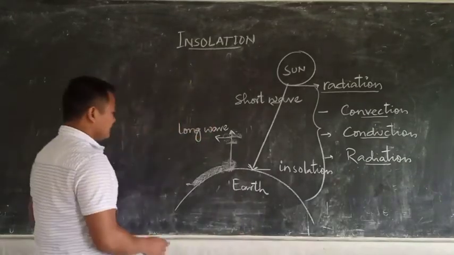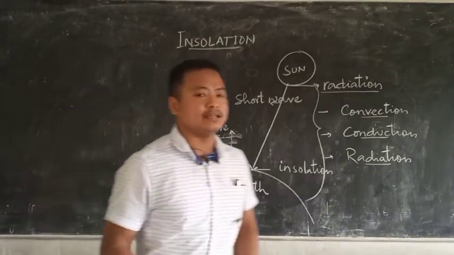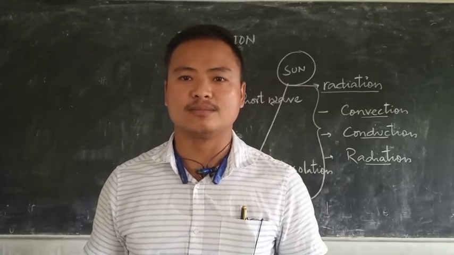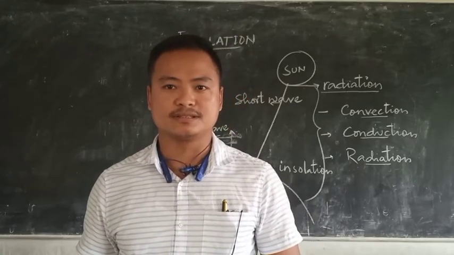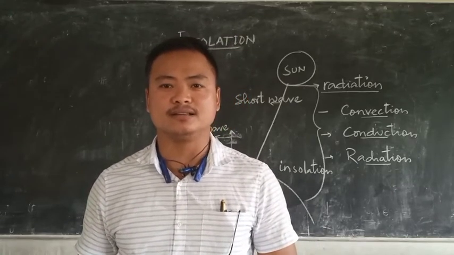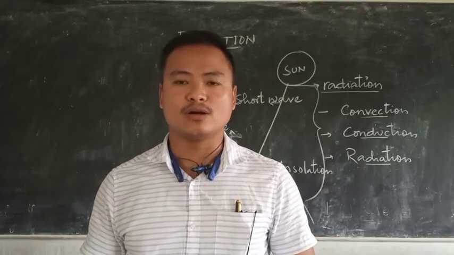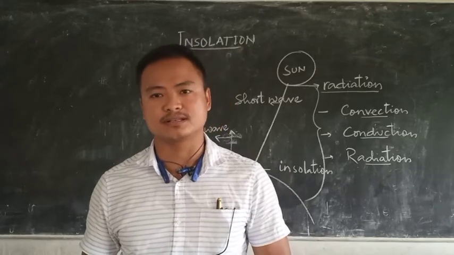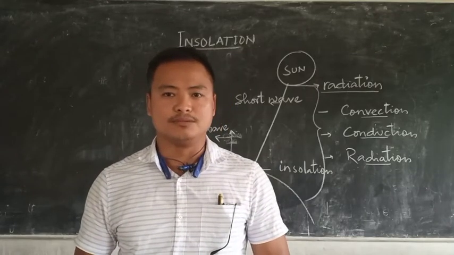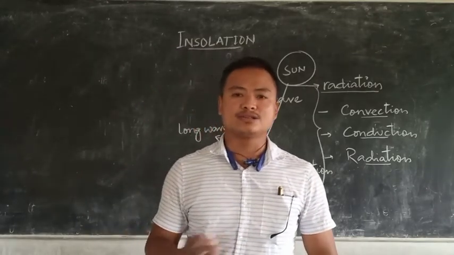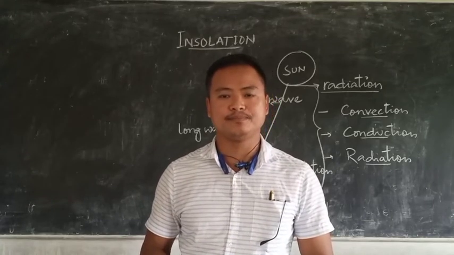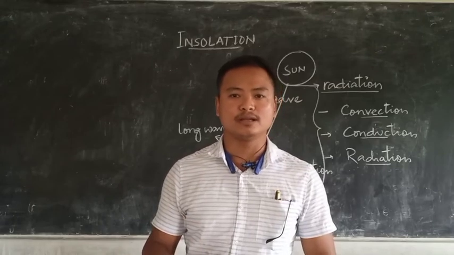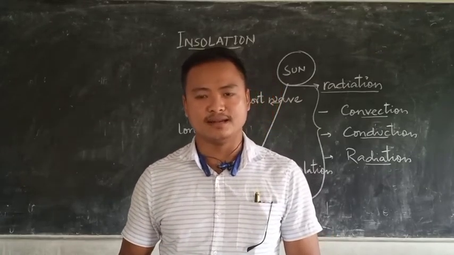Now, since we know that the Earth is composed of land and water, wherein the water bodies are more than the land surfaces. In fact, we even say that the Earth is known as the watery planet because it is covered by almost 75%. That is, three fourths of the Earth is covered by water. Now this water and land do not heat at the same time. The specific heat required for heating water is more than that of land.